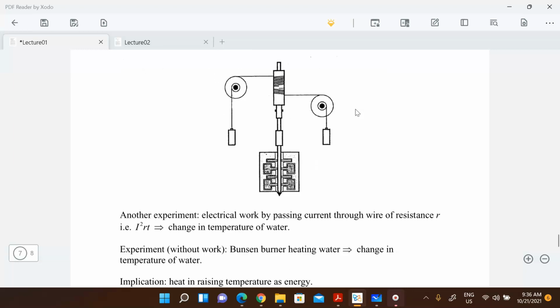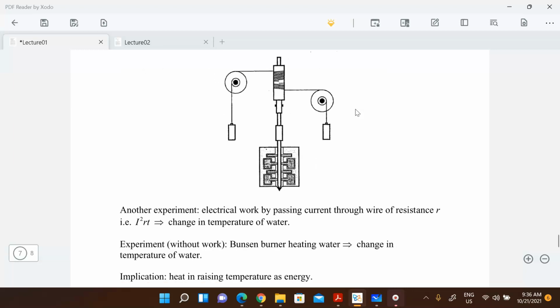Perhaps much more common these days is to consider electrical work instead of mechanical work. You use your heater, for example. In my student days, I used a bare heater to cook Maggi noodles, for example.